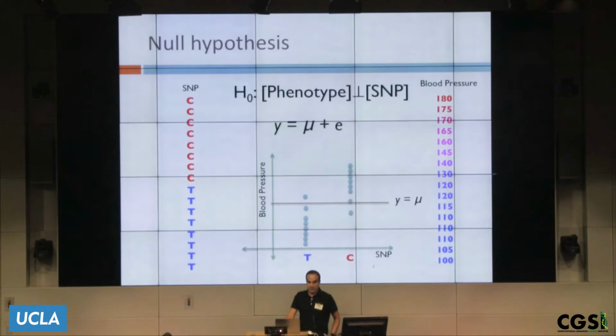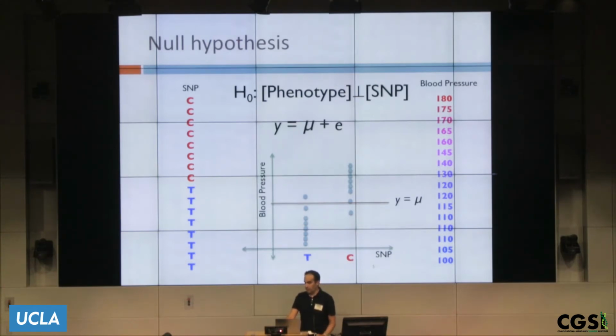The trait is y, but of course since nothing in this world is perfect, you also have some kind of noise or error, which in genetics is really funny. They've really classified the entire world into 2 things, the genes and then the environment. So the E stands for, in genetics, environment, not error. This is one model.